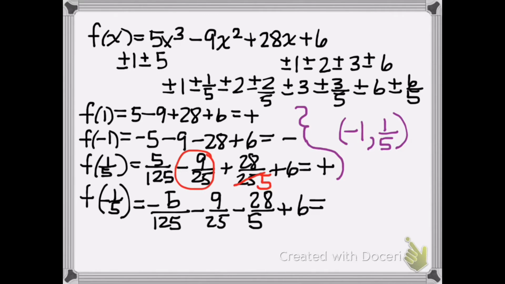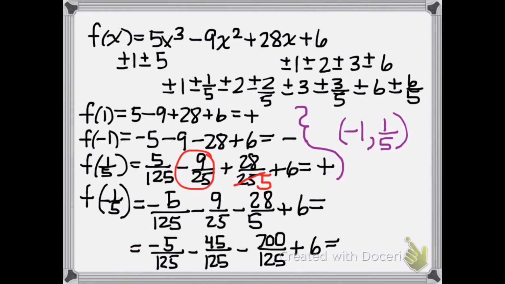Now let's look at that. I've got this positive value 6, and then will these balance it out? So I've got that value, and that value. Could that all add up to negative 6? Yeah, that looks like that could be a possibility.